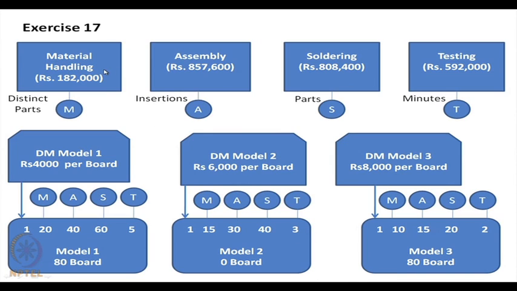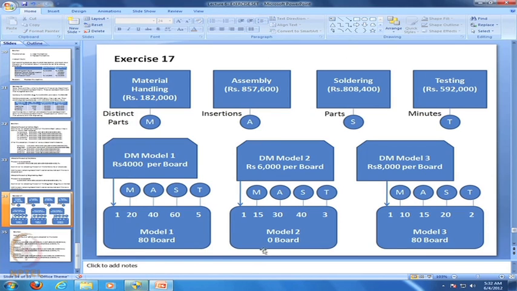These are the activities: material handling activity, assembly activity, soldering, testing. These are the 4 activities, and these are the variable costs: direct material for model 1, direct material for model 2, direct material for model 3, and these are the cost objects, model 1, 2 and 3. There is a mistake here, it should be 80.